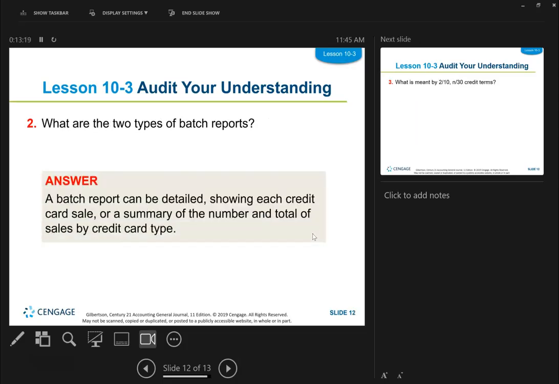The 2 types of batch reports. So there's the individual and then the summary, right? So it's each individual credit card sale or the summary for the total of all the sales based on credit card types.